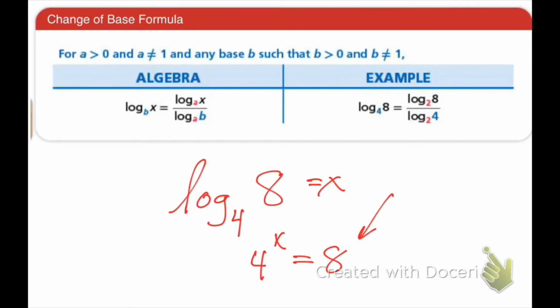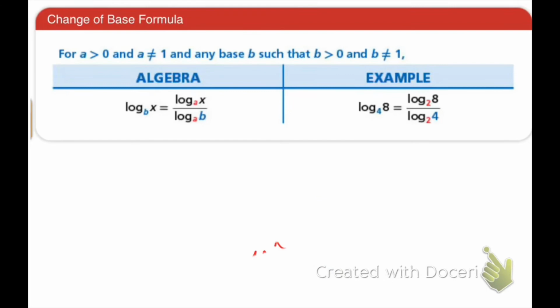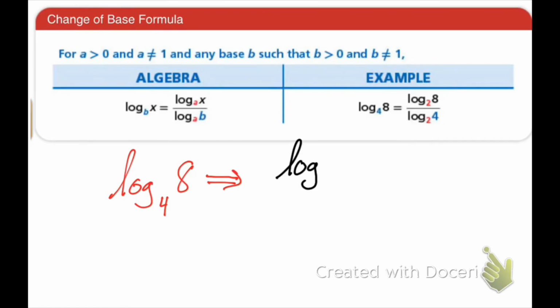So how would I do this? Well, we can change the base if we want to. So if I take log base 4 of 8, what you can do is rewrite this as log base, you can change the base to whatever you want.